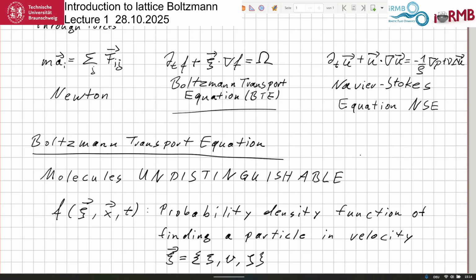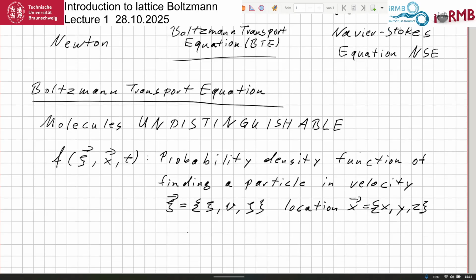Of course, you can write them beautifully. And we are in location x, which I will write as x, y, and z. And of course, it's time t, which is one-dimensional. So this is what we are talking about.